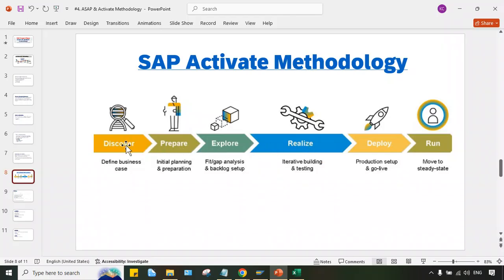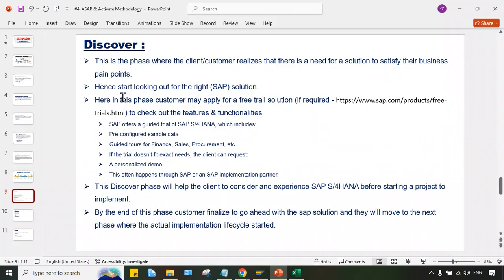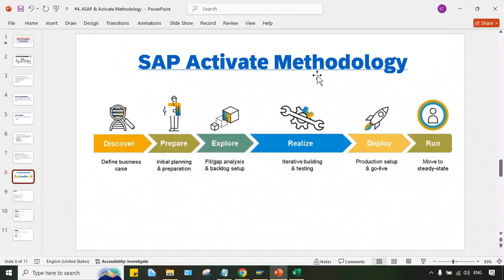Before that, the discover phase is the phase where the client or customer realizes that there is a need for a solution to satisfy their business pain points. In the discover phase, only clients are involved. Our involvement is not there at all. That's the reason I say Activate methodology has 5 phases only.